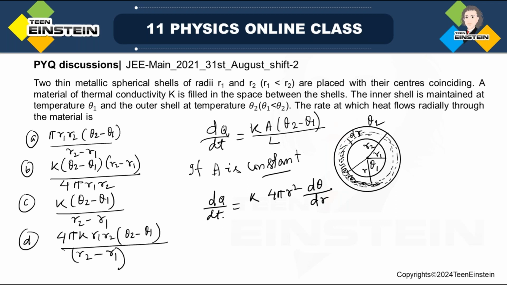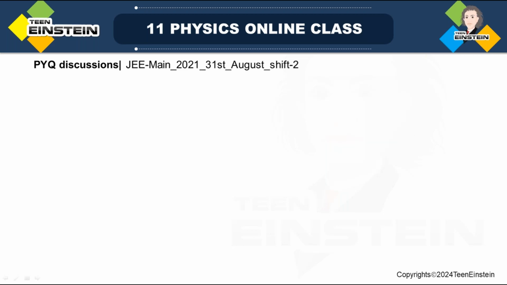Let me just write this dQ by dt as q dot. So that expression I can write here: q dot is equal to k times 4 pi r square, divided by dr, and here is the d theta.